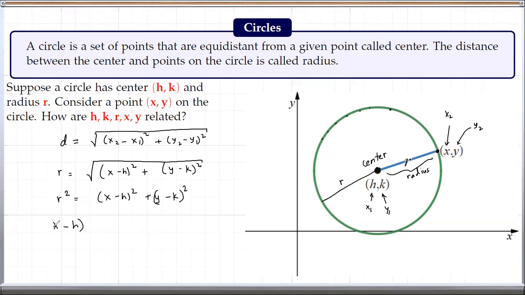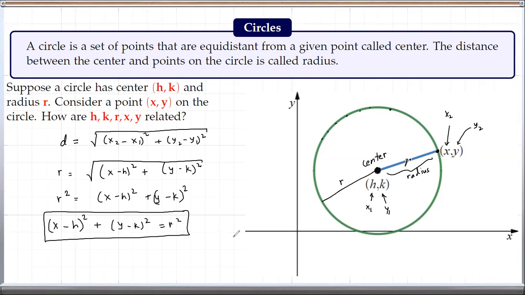So the general form of the equation of a circle looks like this: (x minus h) squared plus (y minus k) squared equals r squared. If the radius is r and the center is (h, k), then this is the equation of a circle.